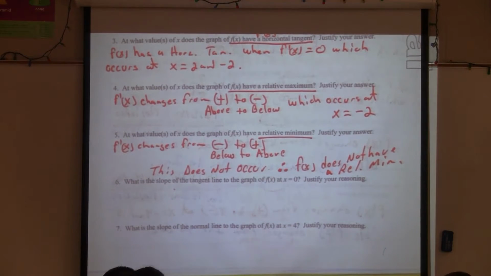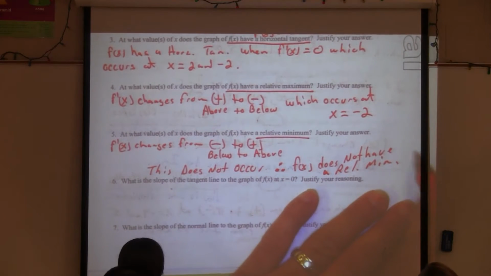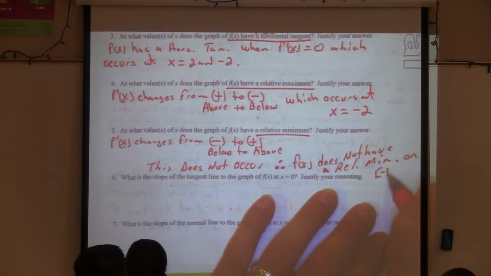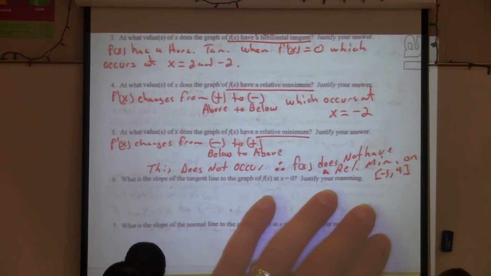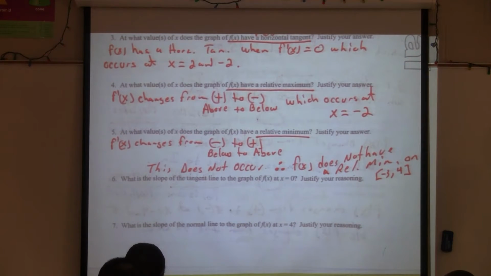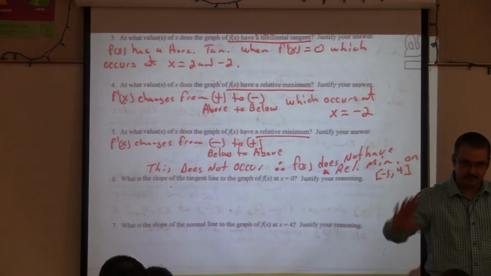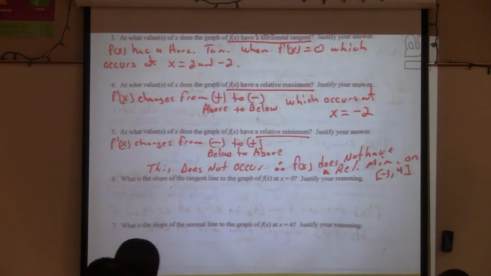And if you want to be more specific, because it might have a relative minimum somewhere, it doesn't have one on this specific interval that we're working on, which is from negative 3 to 4. So if you want to be extra particular, throw in that interval, because that's all we're looking at. We don't have any other information. I don't have anything beyond negative 3 or beyond 4.